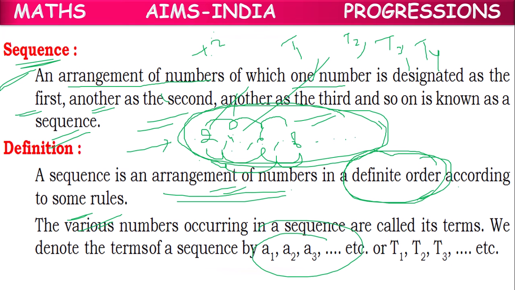So a sequence means an arrangement of numbers following a definite order, and all the numbers present in the sequence are considered as terms, denoted by the symbols T1, T2, T3, T4 or A1, A2, A3, A4.